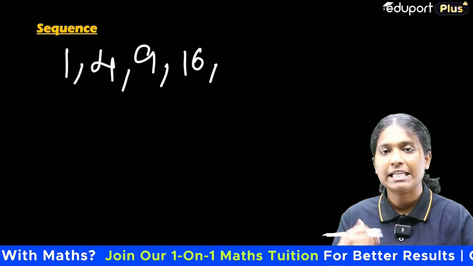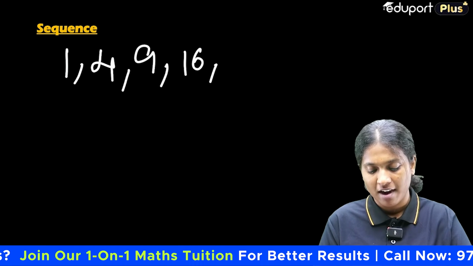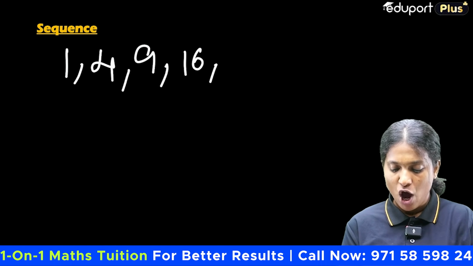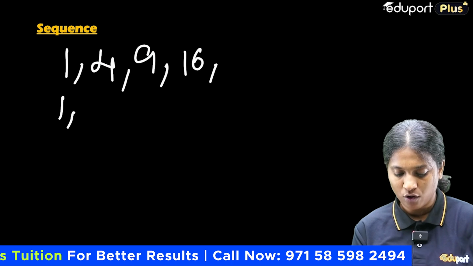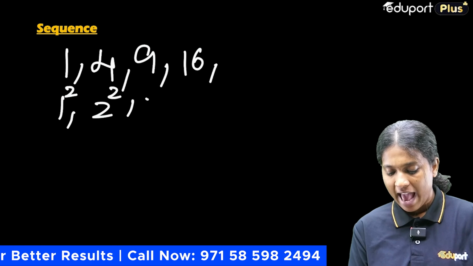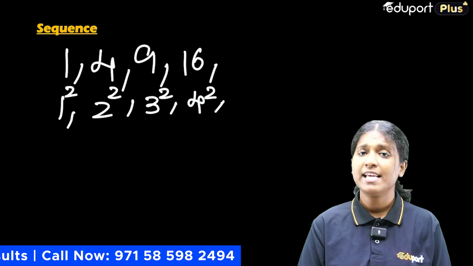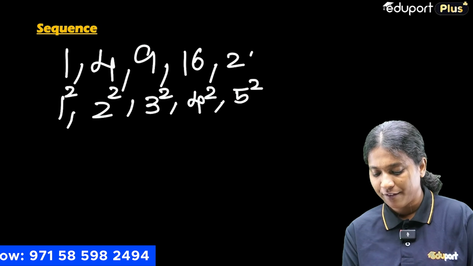Of course, you can, because you can see an arrangement here, as these are all square numbers. 1 square is 1, so position 1 holds 1 square, and 2 square is 4, 3 square is 9, 4 square is 16. So obviously you can guess the next number, which will be 5 square, which is 25.